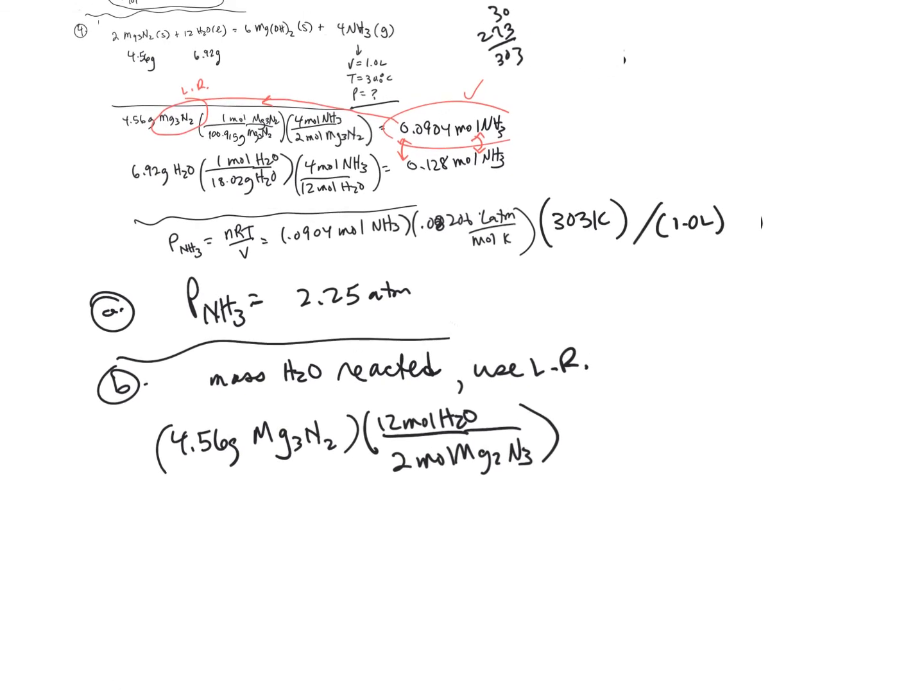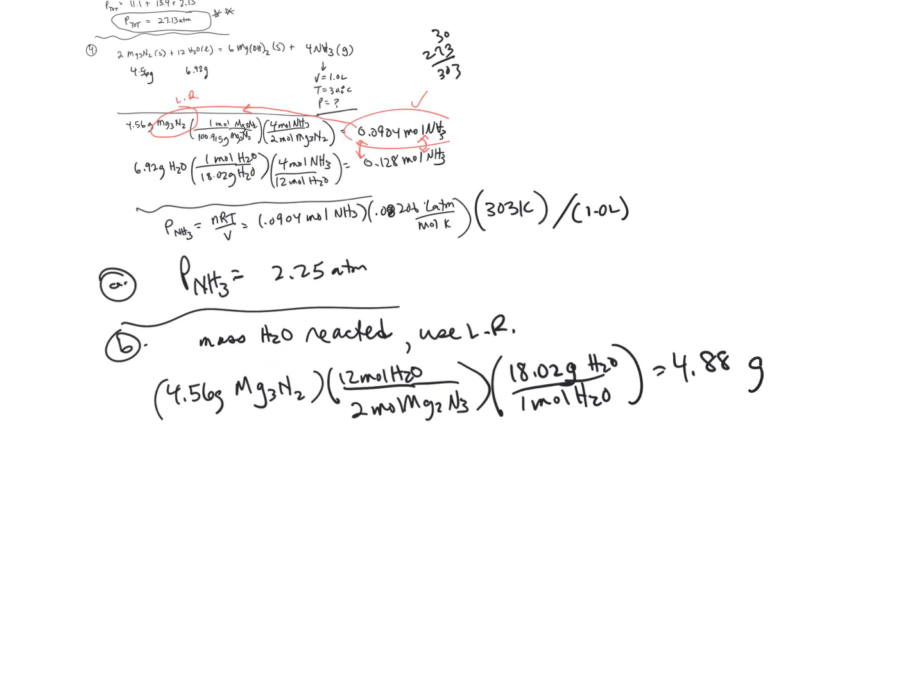That'll give you moles of water, and to get the mass you multiply times the molar mass, 18.02 grams of water per mole of water, and you get 4.88 grams of water consumed.